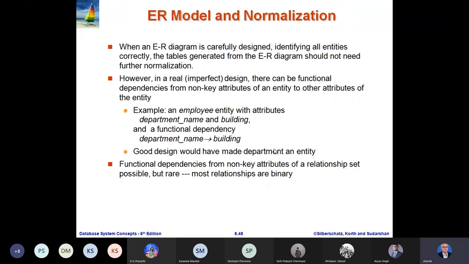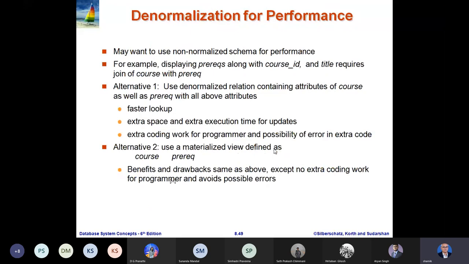So when you have a large number of tables and your queries are complex, spanning multiple tables, you may have to join two, three, four, multiple such tables in order to get back the result.